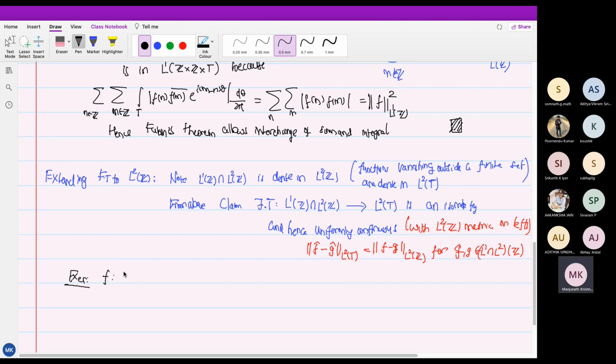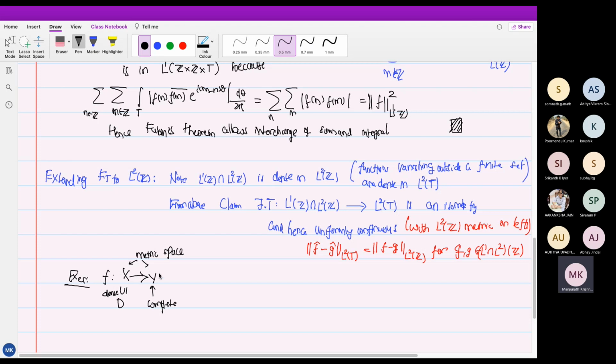So let's take a function f from X to Y. These are metric spaces, and let's say Y is complete. And I take a dense subset here.